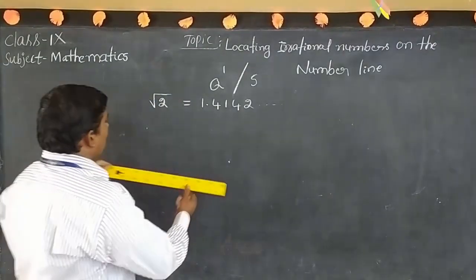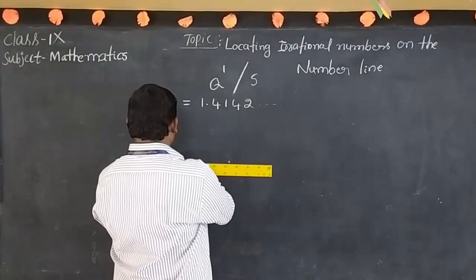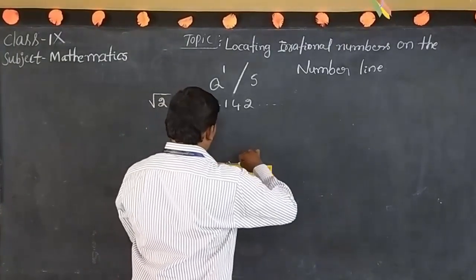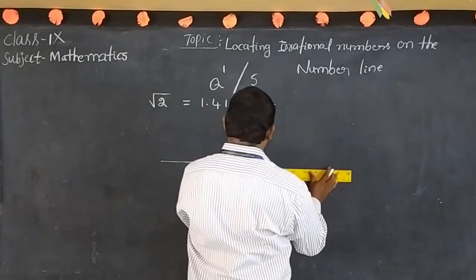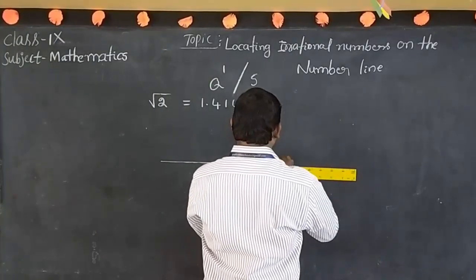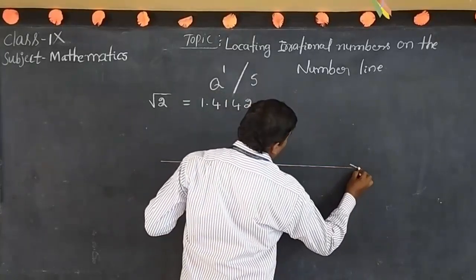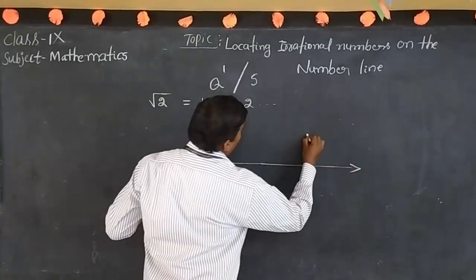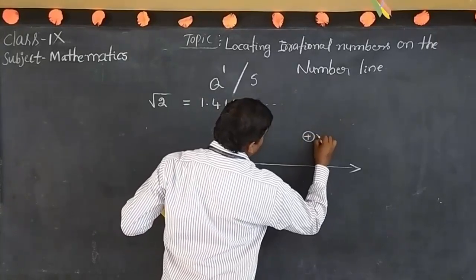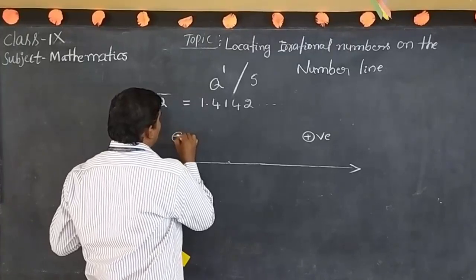Okay, see, we will take some values. Like that, a number line. First of all, we are taking a number line. On the number line, we know right side values are positive values, left side values are negative values.